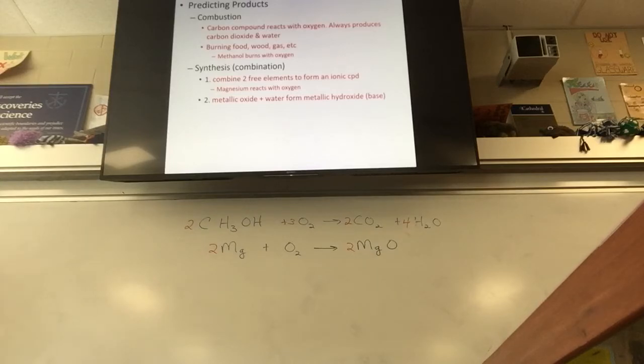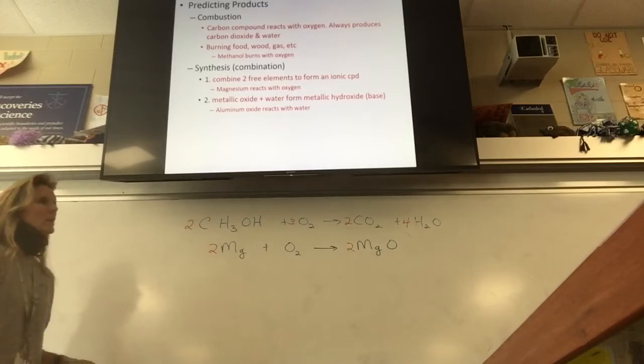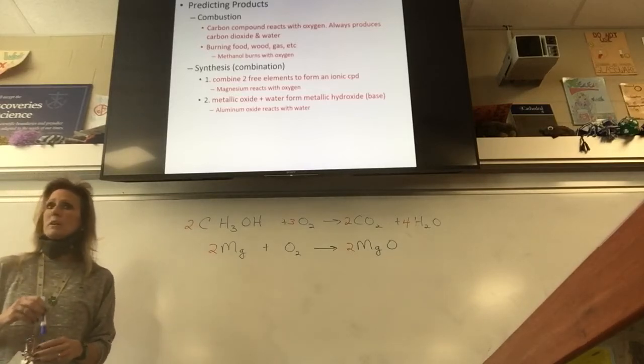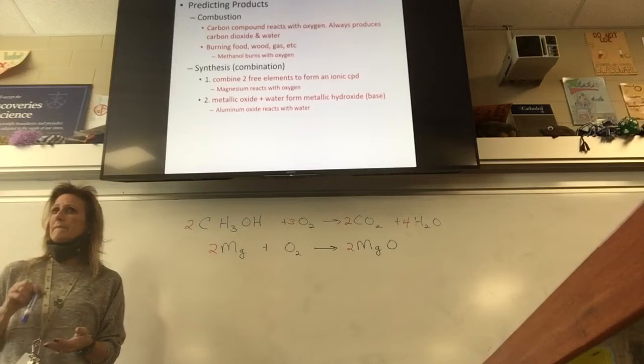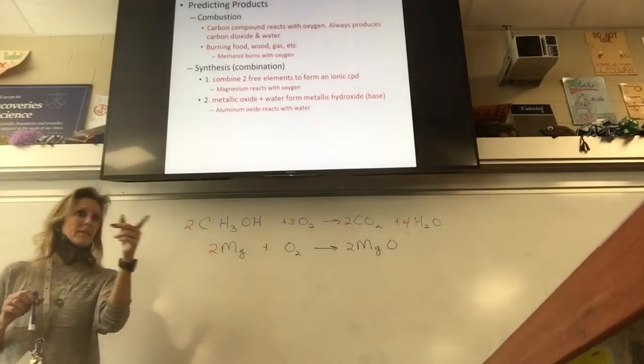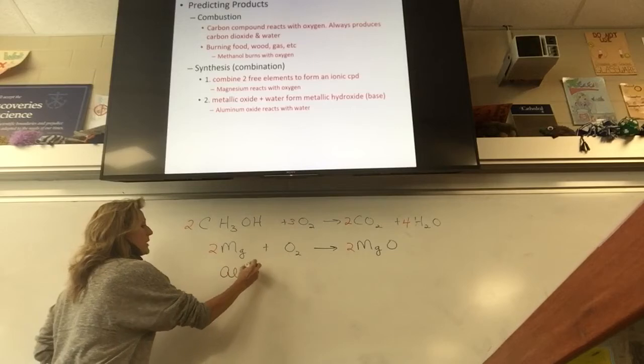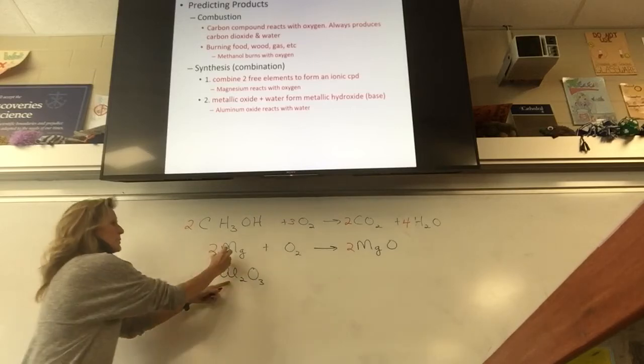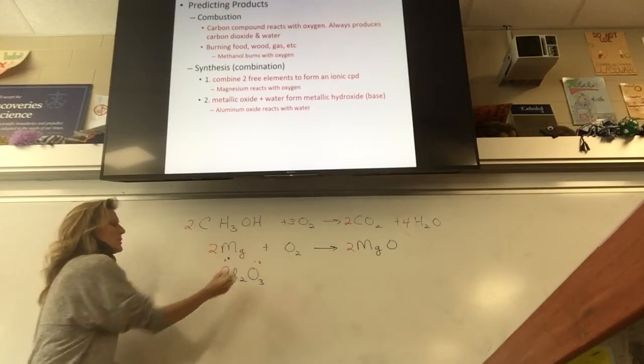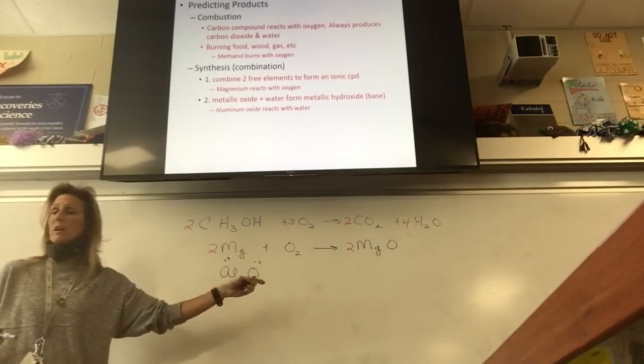So if we take a look at aluminum oxide, what's the formula for aluminum oxide? Al2O3. All right, very good. Al2O3, because aluminum's +3, oxygen again is -2, so we crisscross.